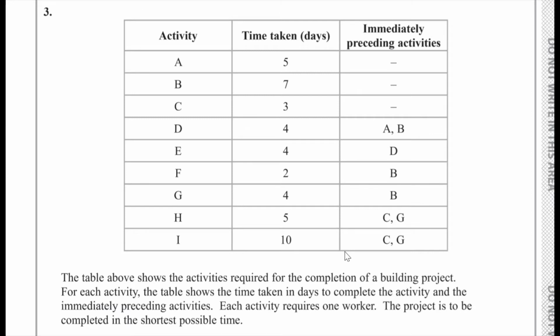Question number 3. We've got this table over here which shows the activities required for the completion of a building project. For each activity, the table shows the time taken in days to complete the activity and the immediately preceding activities. Each activity requires one worker. The project is to be completed in the shortest possible time.